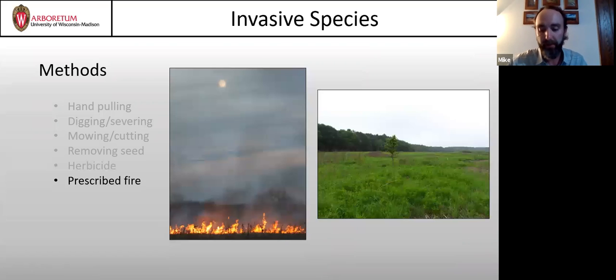And then I'll mention prescribed fire too, as a management tool. It's part of our restoration work in terms of a process that we're bringing back to the landscape. But in certain situations, it's a really effective management tool for us too.